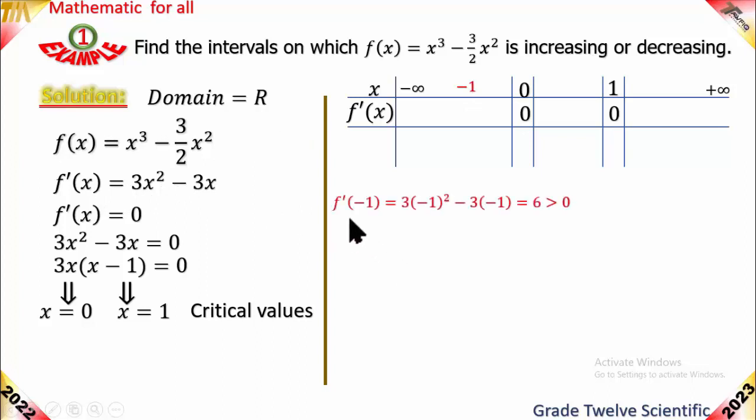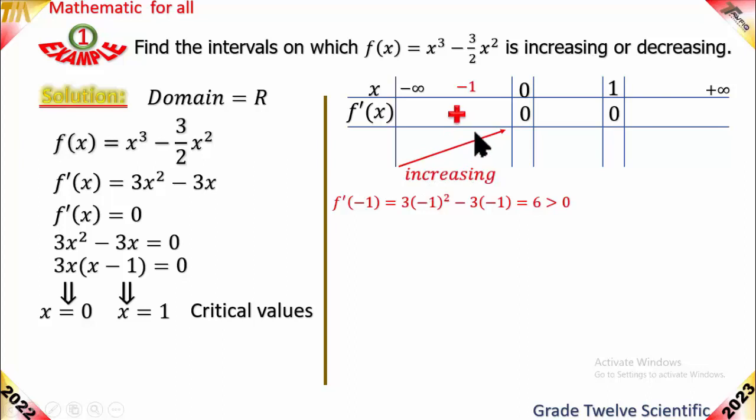Then f prime of minus 1 is equal to 3 times minus 1 squared minus 3 times minus 1. It becomes 6. It is bigger than 0. That means at this interval from minus infinity to 0, the first derivative is positive. That means it is increasing.